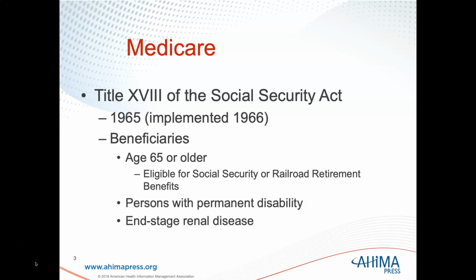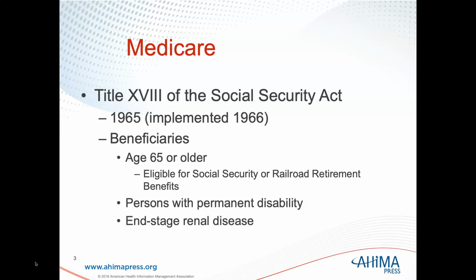Notice that they were eligible for Social Security, which means they had worked, or they were someone who was married to or child of someone who worked, who was 65 or older, or had that Railroad Retirement benefit. They were persons who might have a permanent disability, so they could either be age 65 or older, or they could be under 65 but have a permanent disability, or they could have end-stage renal disease, ESRD, which means they were on dialysis.